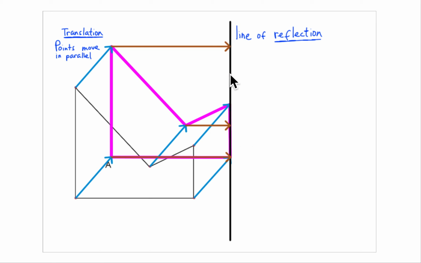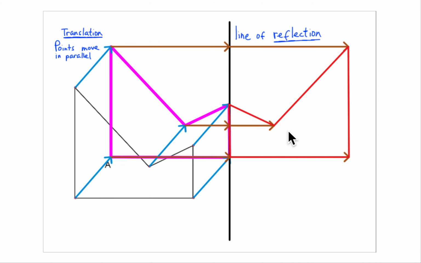You draw the line of reflection wherever you want to reflect it over. Each point moves in a perpendicular direction to that line, at a right angle, and ends up an equal distance on the other side of the line.